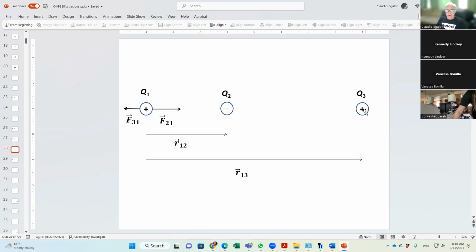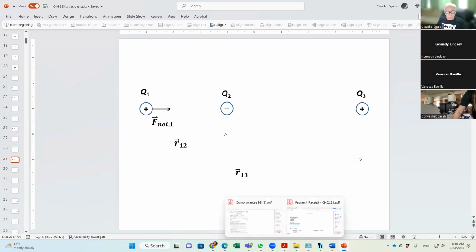Because the distance from 1 to 3 is larger than the distance from 1 to 2, it's reasonable to assume that the force of charge 3 on 1 is going to be smaller, with less intensity. It's reasonable, though it doesn't mean it's going to be strictly correct. And then the net force on 1 is going to be something like that. We can spell that out in equations.